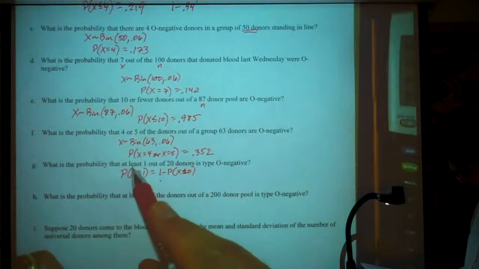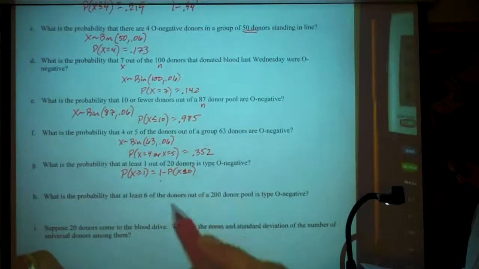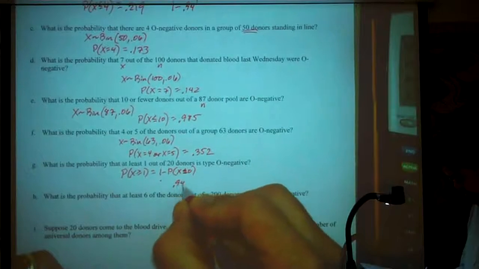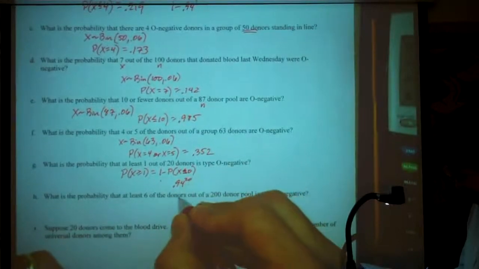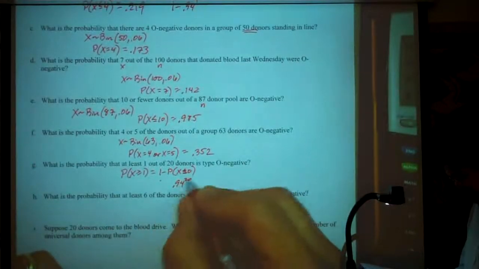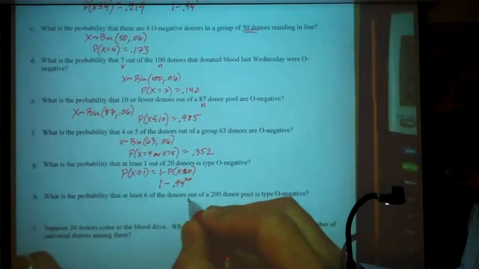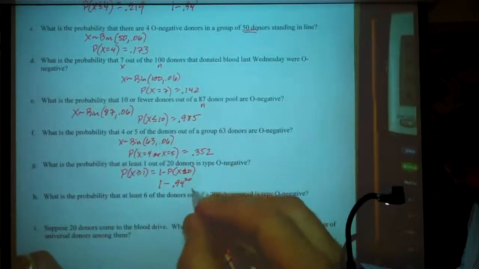Well, what's the probability that 0 out of 20 donors would be O negative? It would be 0.94 to the 20th power. So, since that's the probability of nobody being O negative, 1 minus that is going to be the probability of somebody being O negative.